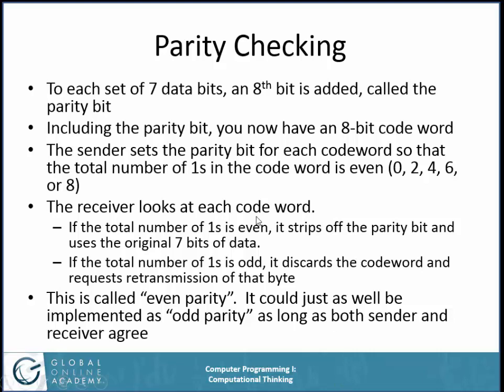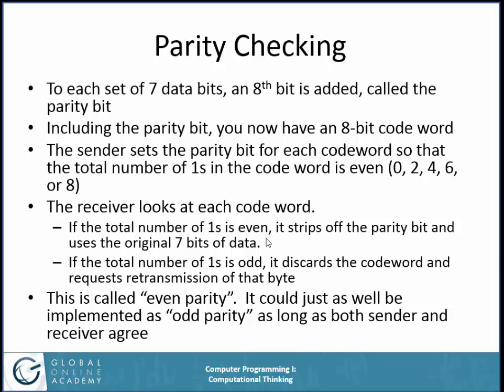The receiver then looks at each code word, looks at every group of 8 bits. If the total number of ones is even, it says, oh, must have worked. Either all the data is correct, or we didn't have just 1 bit go bad.